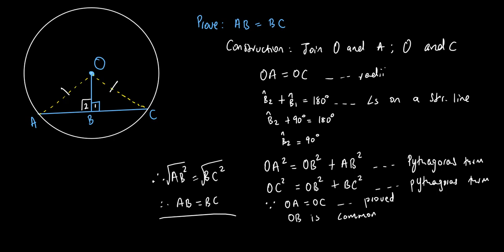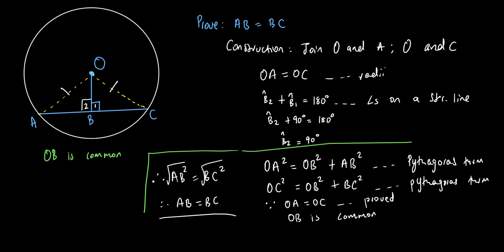But if you don't like the Pythagoras theorem, once you reach this point, you can use congruency to prove that. So how you use congruency is the following. You tell them that we already said OA was equal to OC. You tell them that OB is common.